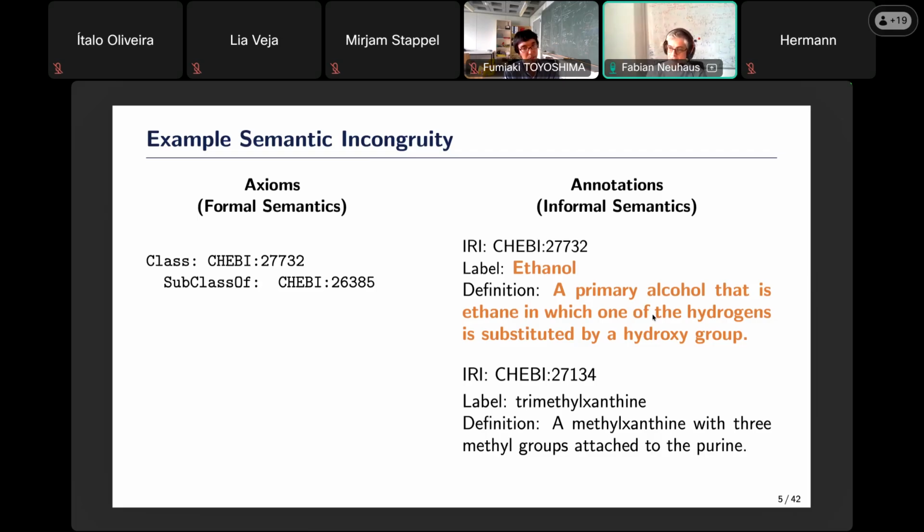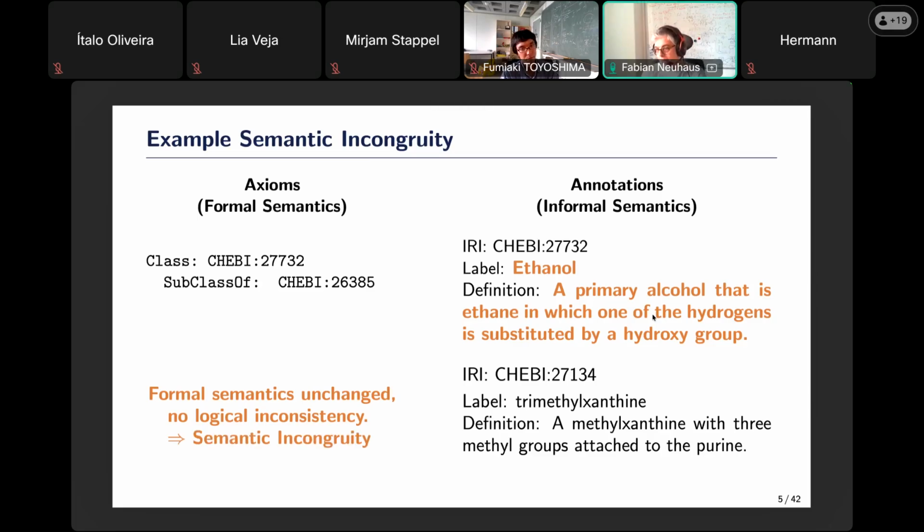Now, the left-hand side is still unchanged, and since the formal semantics is unchanged, there is no logical inconsistency. The right-hand side on its own is fine too. The information about ethanol is correct, and the information about trimethylxanthine hasn't changed. But if you take them together, there is clearly a bug, because now the axiom on the left-hand side expresses that ethanol is a particular kind of trimethylxanthine, which is not correct.